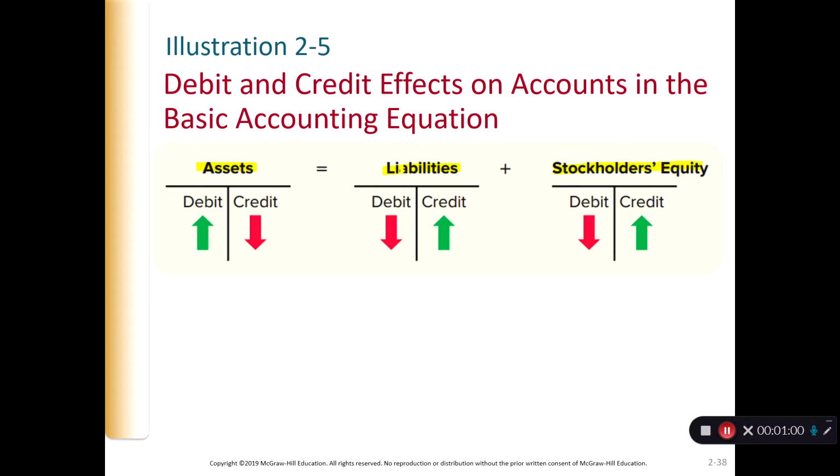For liabilities, we talked about current liabilities, notes payable or accounts payable. And for stockholder equity, we talked about common stock and retained earnings. So every account has a left-hand side, which we call the debit side, and a right-hand side, which we call the credit side.